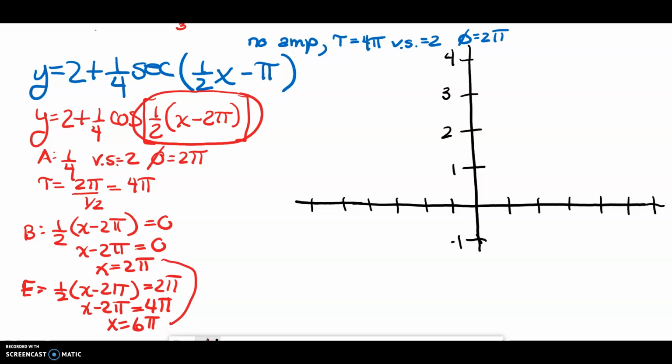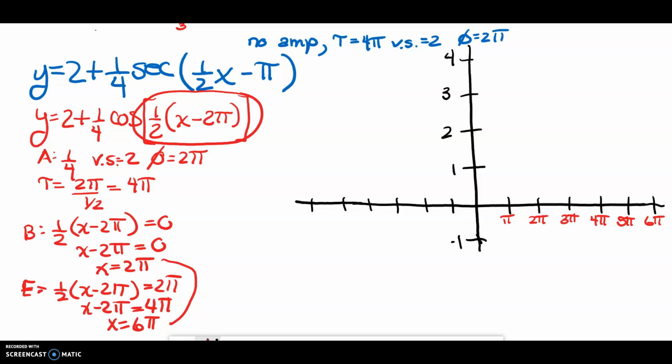I'm going from 2 pi to 6 pi, so I think what I'll do is I'll label every single mark on my x-axis with a distance of pi. I have 6 marks, so I can use pi: pi, 2 pi, 3 pi, 4 pi, 5 pi, and 6 pi.